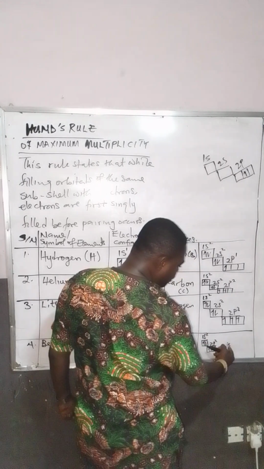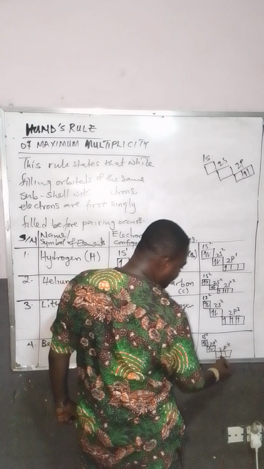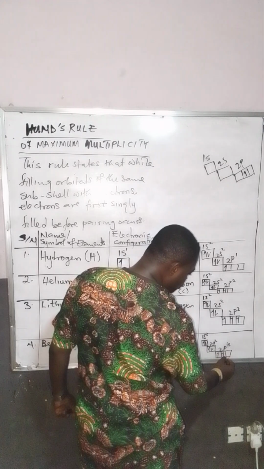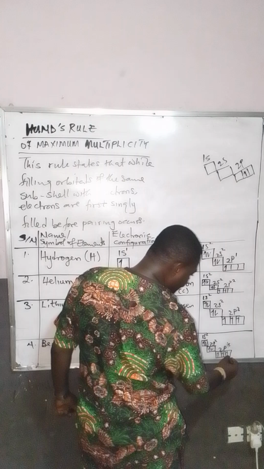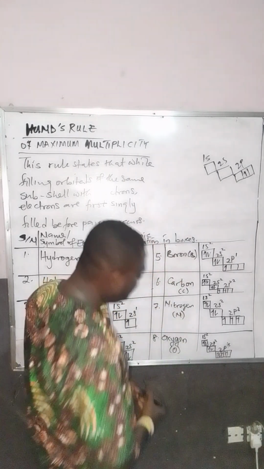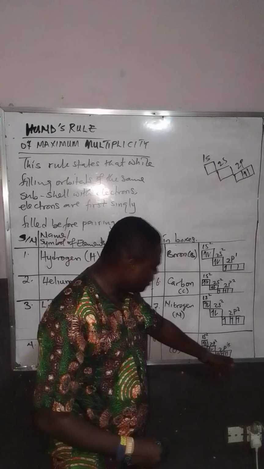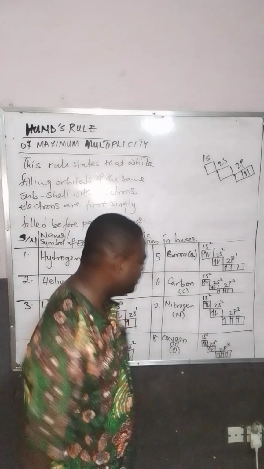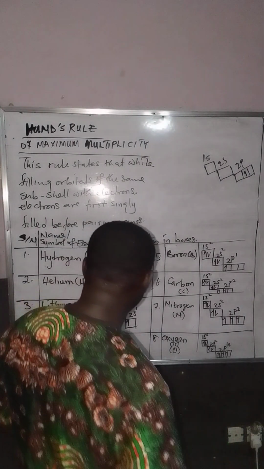We want to put 4 electrons inside orbitals of the same subshell. Fill singly first, 1, 2, 3, and you now remain with 1. Before pairing takes place, fill singly, and when every orbital is filled, then you start pairing. Pairing means putting 2 together. So that is that.